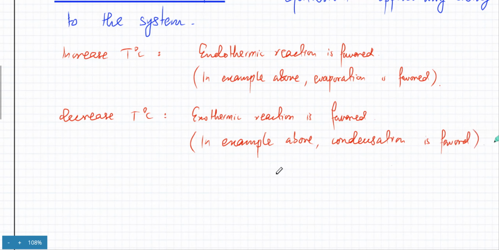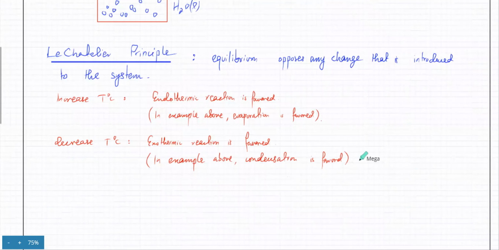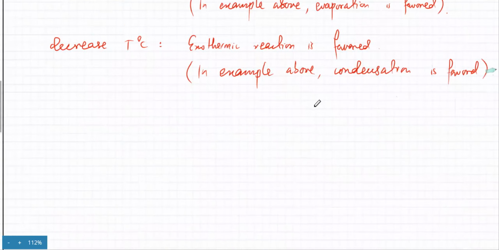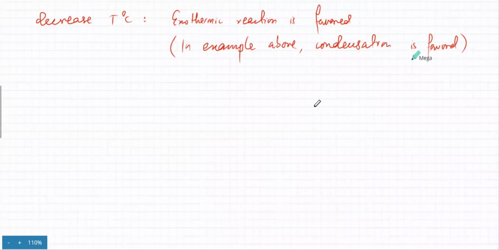Now remember, it's very important. I'm again stressing that we're not talking about the rate of reaction. If there's a reaction going on, there's a forward and a backward reaction.